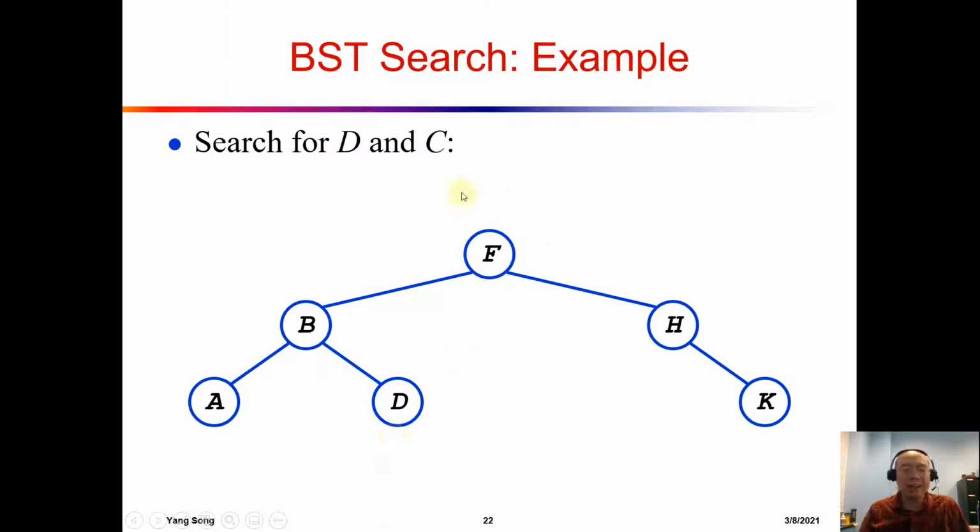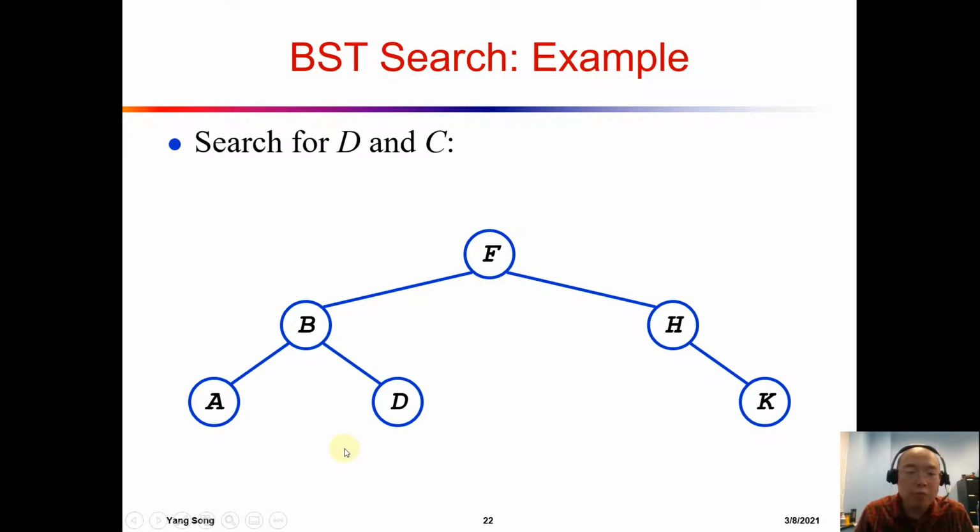Another example: how about we are looking for C? If there is a C, it has to be on the left side. So we search here, compare B and C, and again, if there is a C, it will be in the right subtree, which is D. We visit D, and we know D is greater than C. So if there is indeed a C, it will be on the left side of D, but when we go there, we find a null, so it's empty.